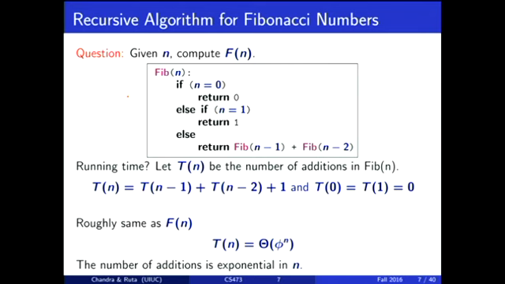We know, f(n) is basically phi to the n roughly. So this algorithm will take exponential time in n. If I give f(10), it is going to take a long time. You can run it actually. You can write this code down, it's very easy, 5 lines. It will take forever to finish.